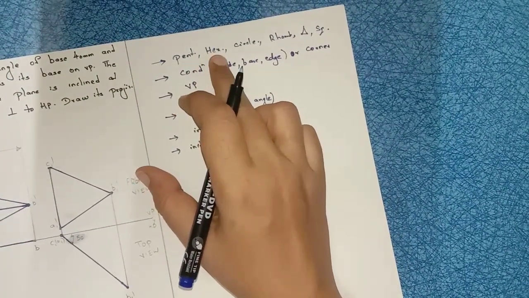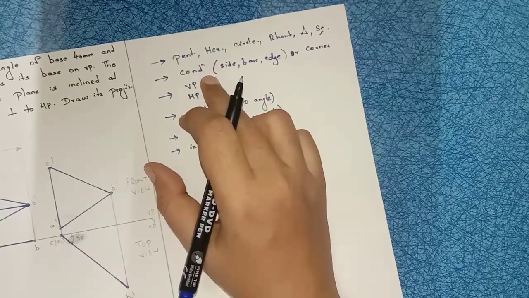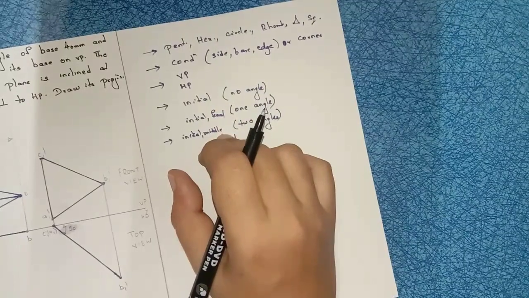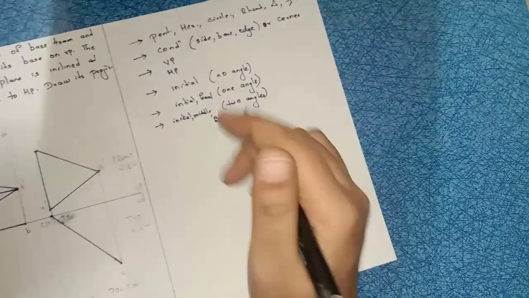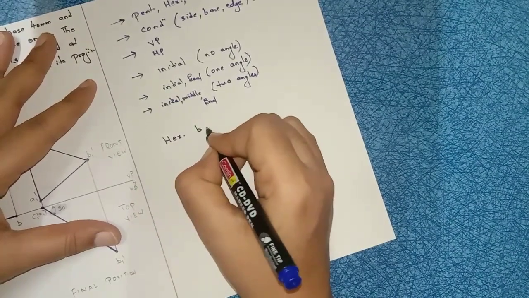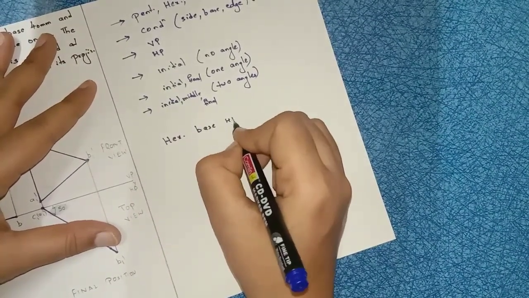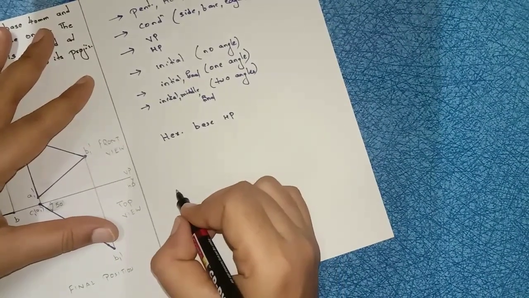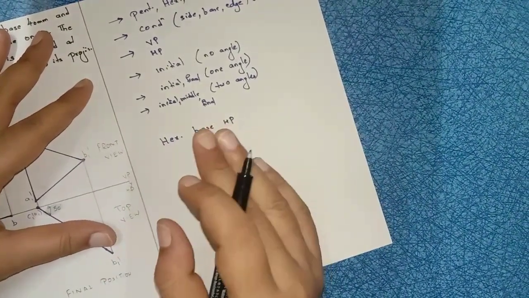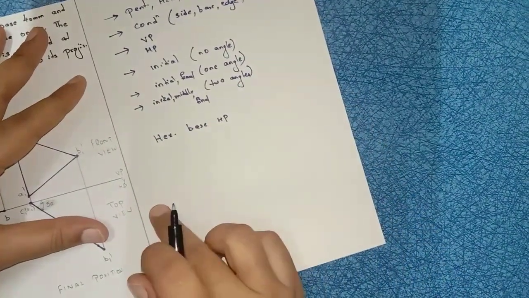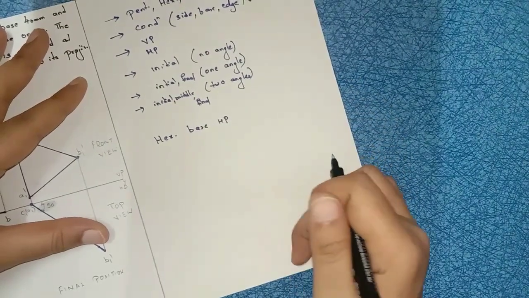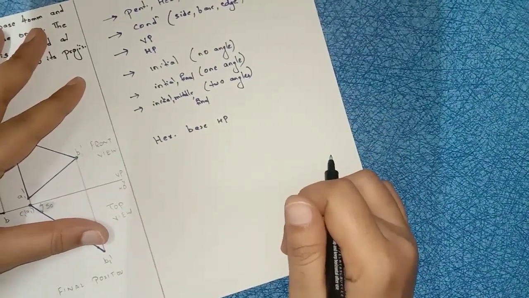So read the question carefully: what they ask to construct, what the condition is, where we have to start the problem, and how many angles they mentioned. Suppose in the question they ask for a hexagon base on HP. If they don't mention any distance, just assume the reference line: above the reference line is VP, below the reference line is HP.